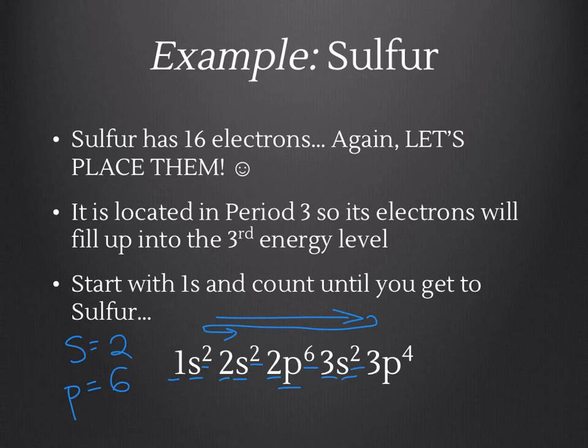So I place those 2. That has 4 left over because if I add them up, 2 plus 2 plus 6 is 10, plus 2 is 12. So I have 4 electrons left. Move right across, third energy level, P sublevel has 4 electrons to place in it. And if I add up all of these, it is 16, which means I did it correctly.